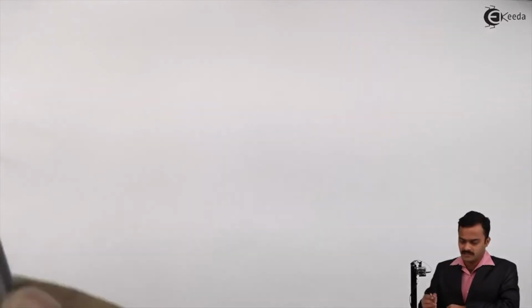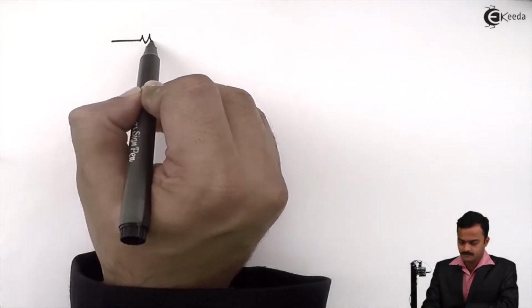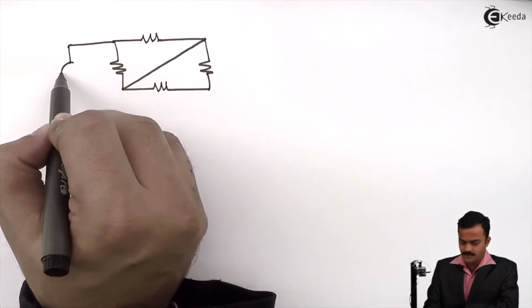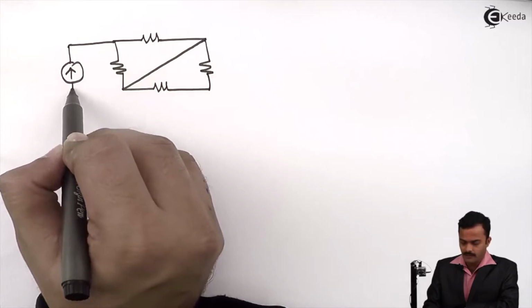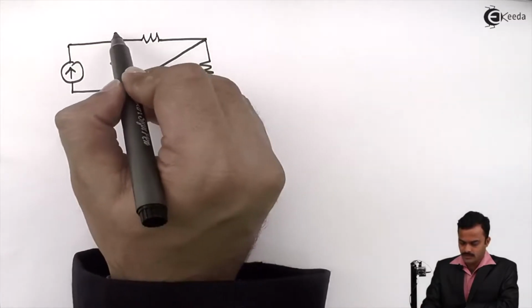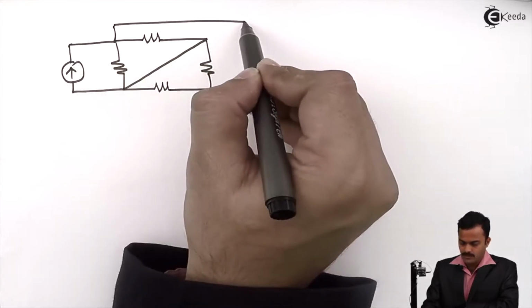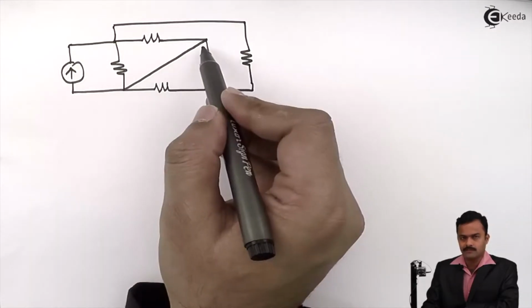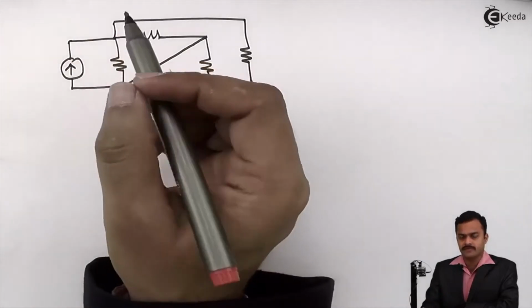So I will redraw the circuit by considering this modification. I will get a circuit having only one current source, because the voltage source we have considered as a short circuit. Rest of the things will remain intact.